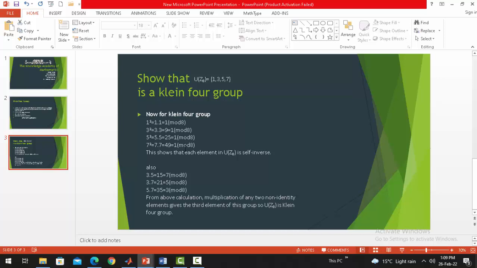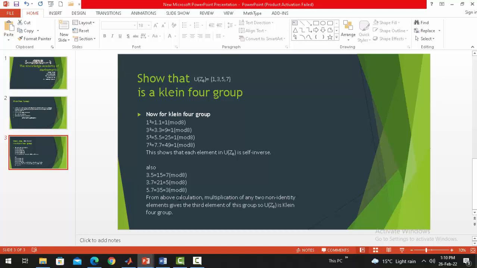Okay, and the second step is that multiplying any two non-identity elements gives the third non-identity element of this group. So if we multiply 3·5, that is 15, which is 7 mod 8. 3 and 5 multiply to give us 7, and 7 is the third non-identity element.